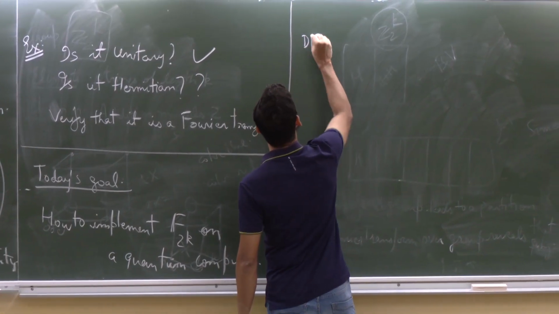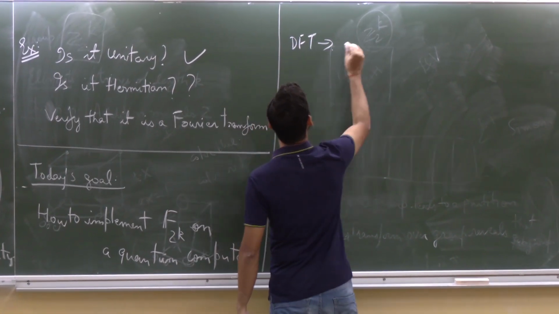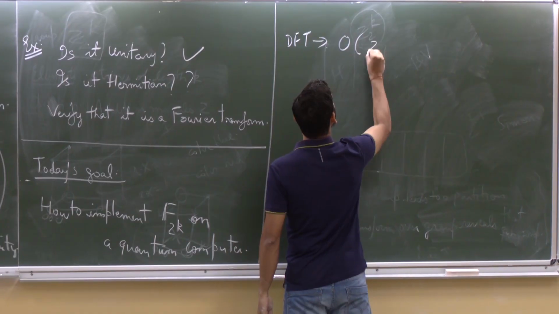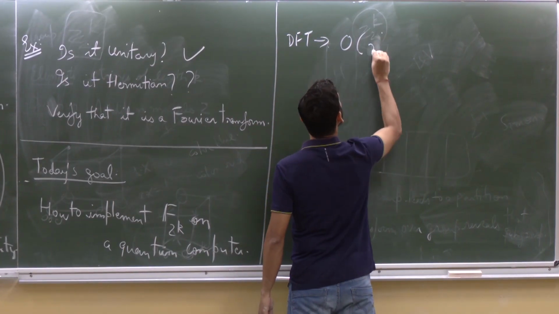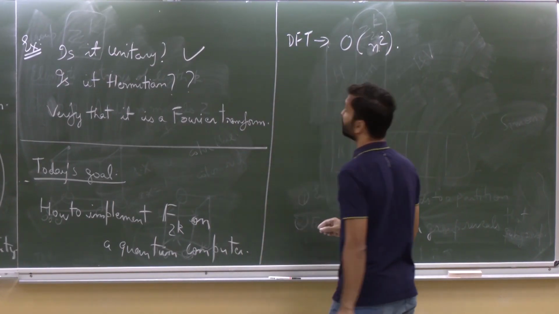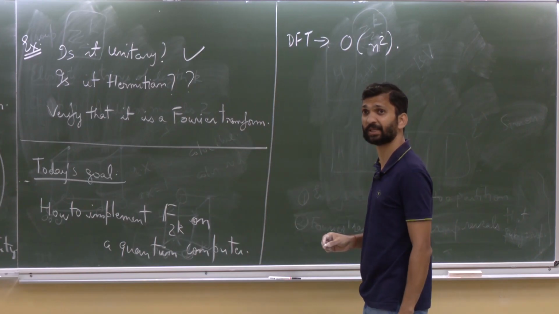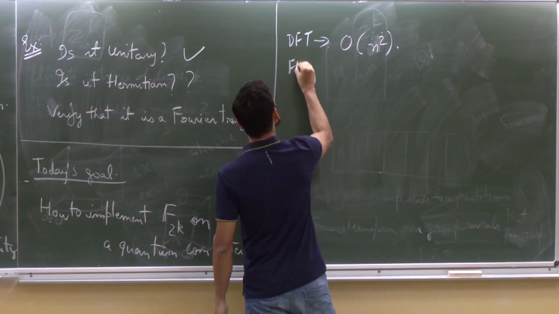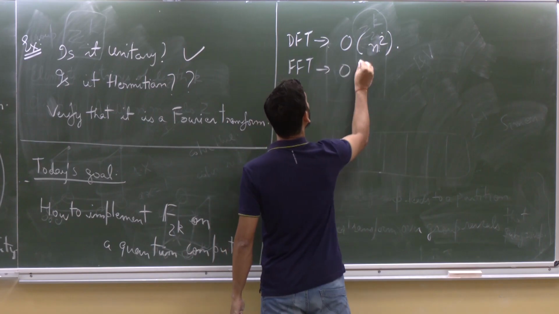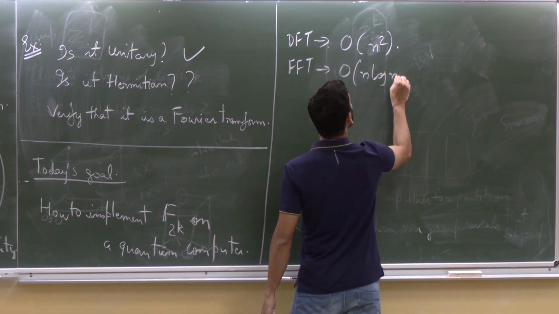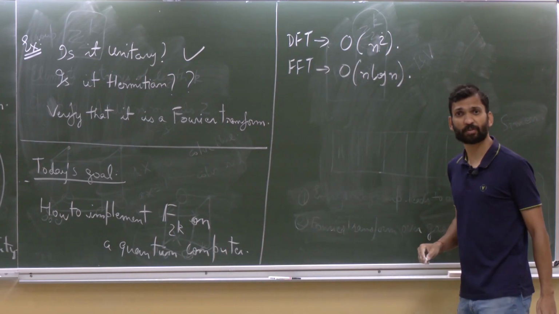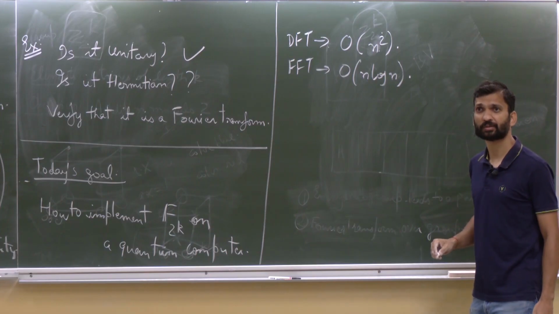What happens is, if you want to do it on a classical computer, it takes this much time or these many gates. But there is a smart way to do it. It is called fast Fourier transform. It does it in n log n.